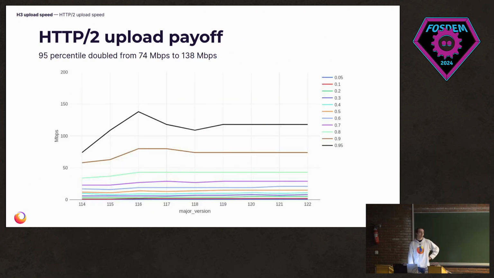So, to see how much it changed, we introduced some high-level telemetry, and these are percentiles of user-reported upload speed, and we have different versions. 114 on the left side is around 1 year ago, and in 115 to 116 we rolled out the HTTP2 upload speed fix, and we can see the improvements in the high-level telemetry about upload speed.